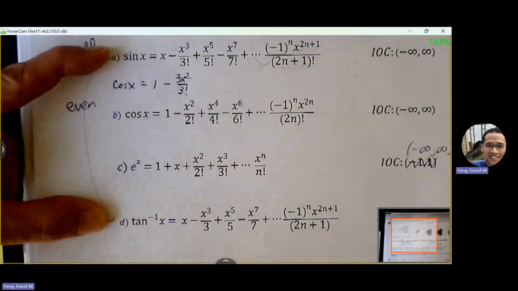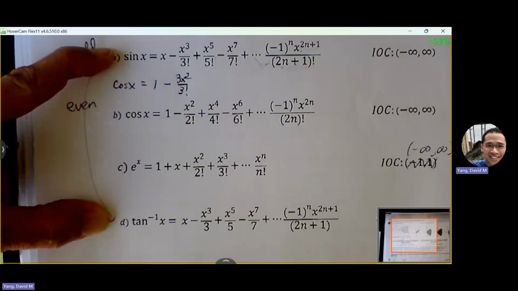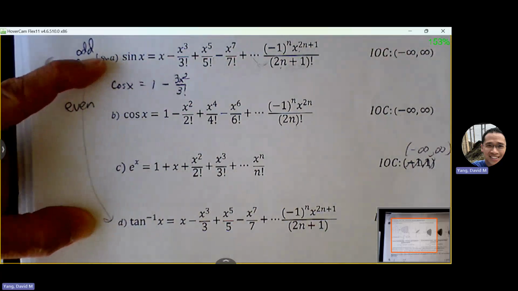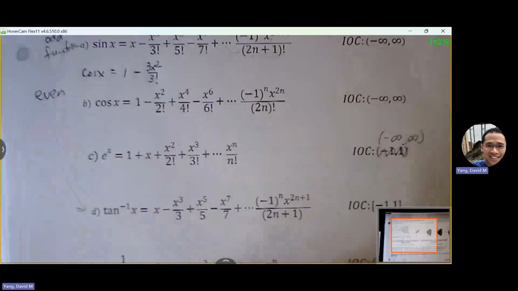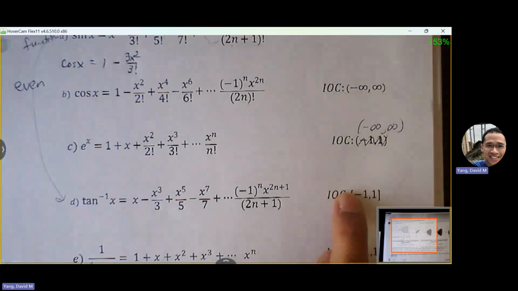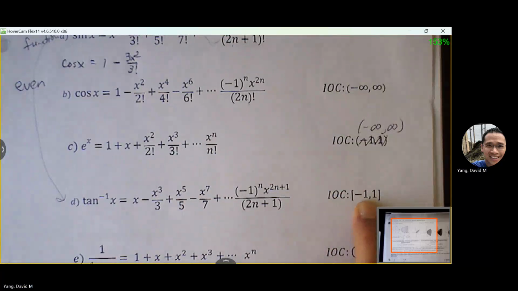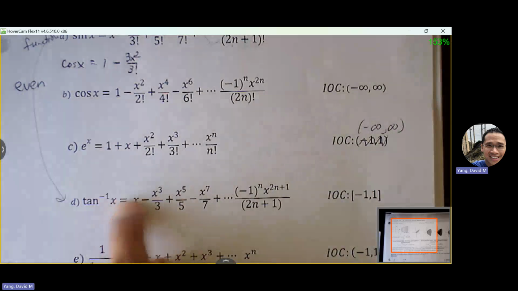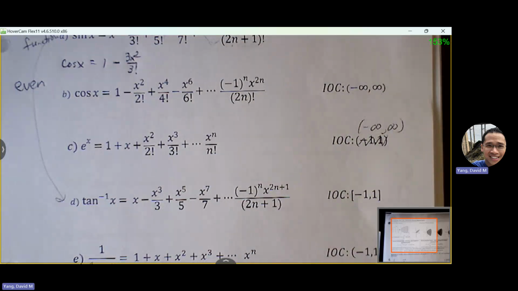So look at your sign, strip away the denominator factorial, and there's your inverse tangent. So there's the connection. And then your interval of convergence for inverse tangent is from -1 to 1. Because after this it is no longer a function because it's inverse, so there is a restriction with inverse tangent.